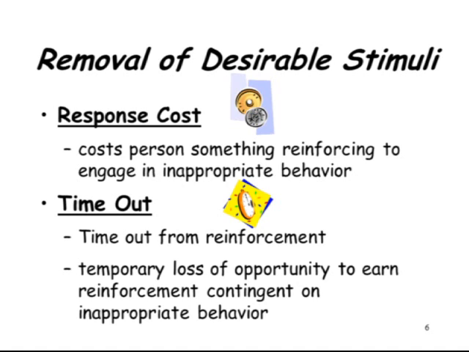The definition for timeout is it's temporarily losing the opportunity to earn reinforcement contingent on an inappropriate behavior. That means when you engage in a behavior, the reinforcement switch gets turned off for a very short period of time. And during that time, the student can't earn reinforcement. So these are two important concepts: response cost and timeout.